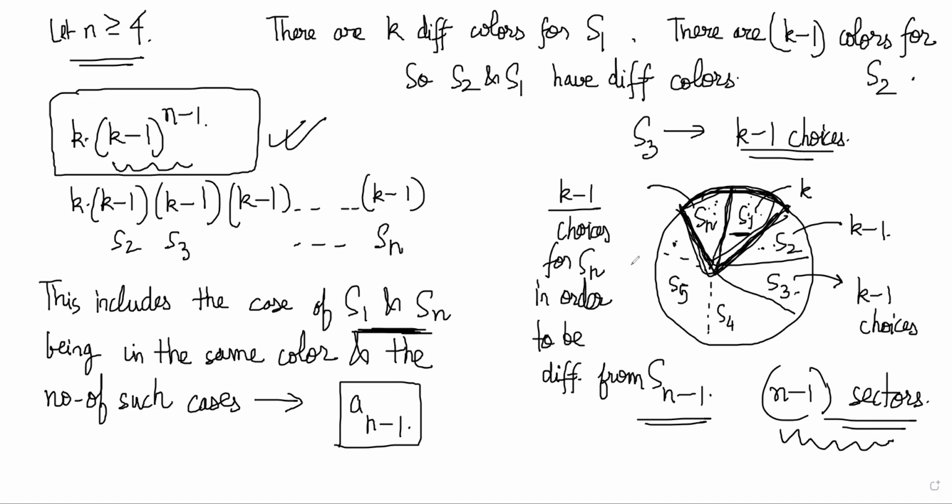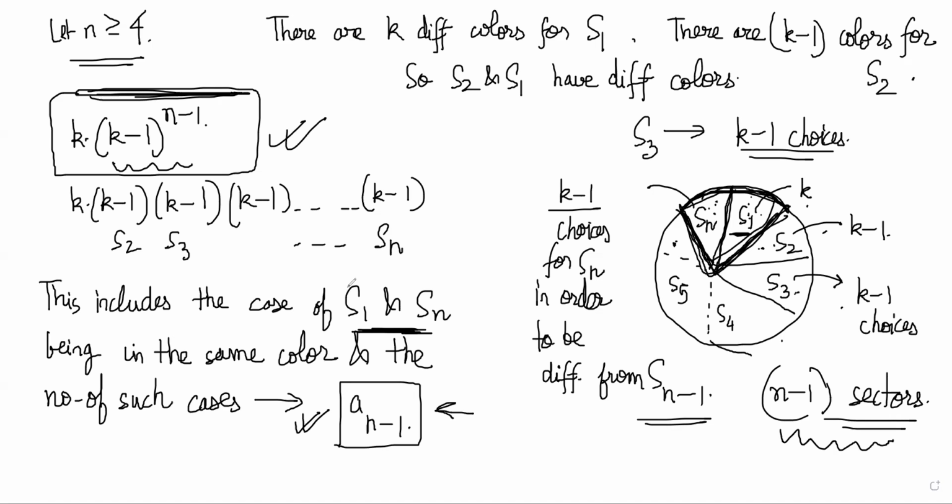And we said earlier that an was the number of ways to color n sectors. So an minus 1 should be the number of ways to color n minus 1 sectors, right? So basically we have to subtract this number from this calculation, right? To get the correct answer for an. Here we calculated an assuming we can do k into k minus 1 into k minus 1 forever, right?